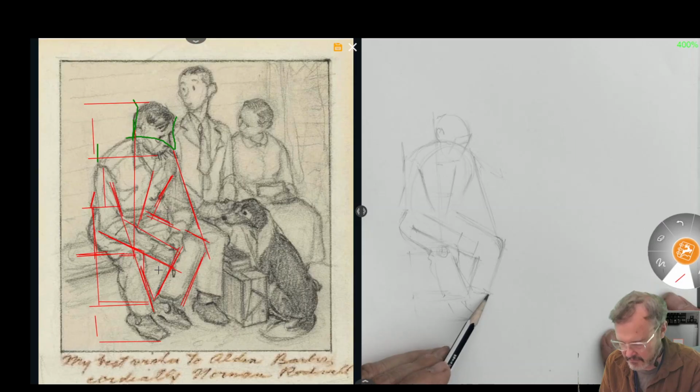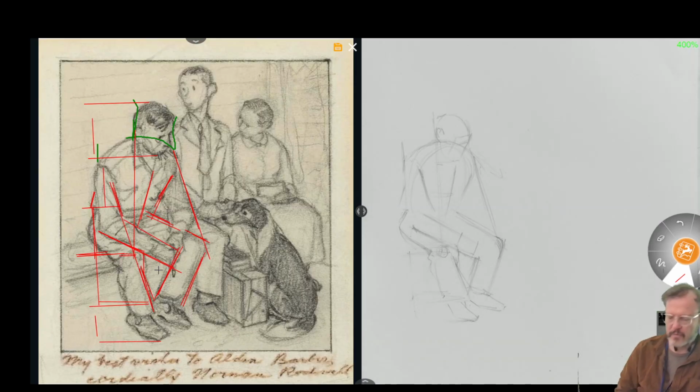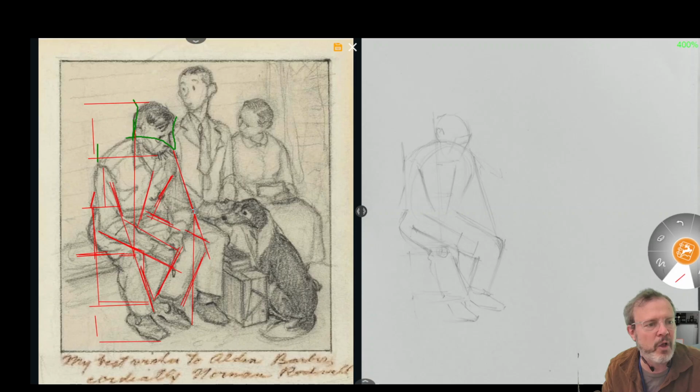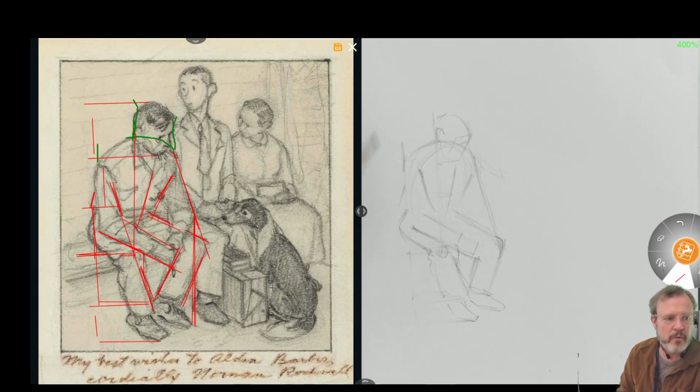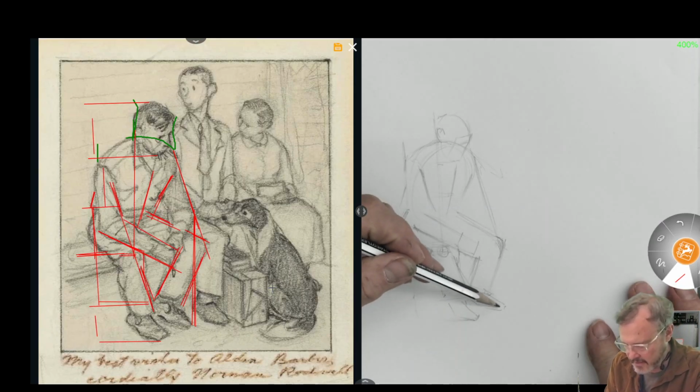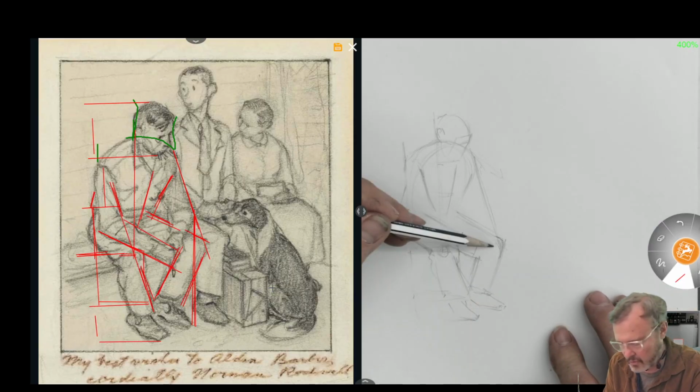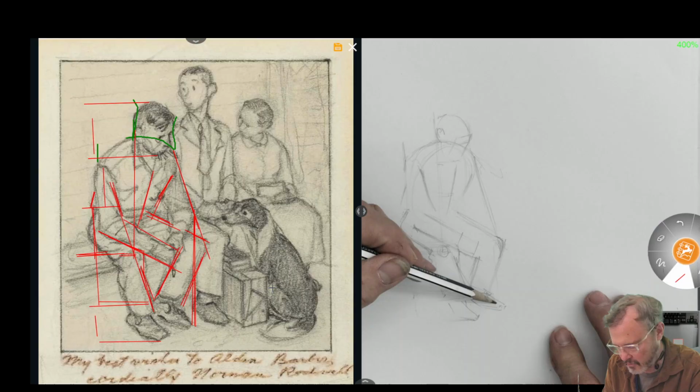And finally, this foot. We're just going to block that in. Notice the toe does not stick out as far as the knee. If we pull a plumb line up from the toe, it ends up even with this elbow. A lot of artists in the olden days, and some still today, will actually draw with a plumb line, like a heavyweight on a string, in order to get these vertical relationships correct.